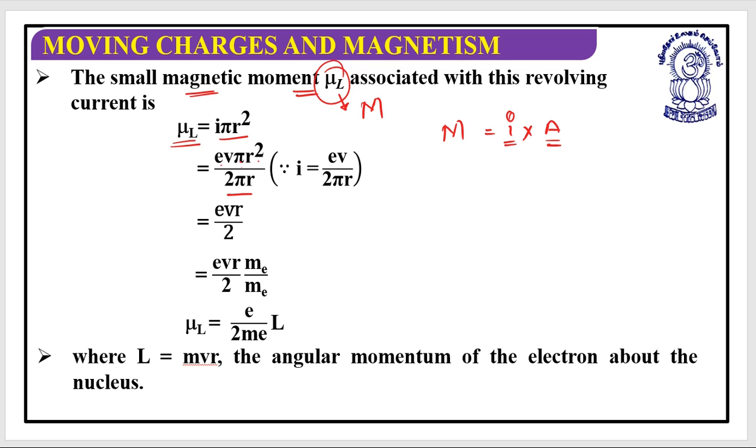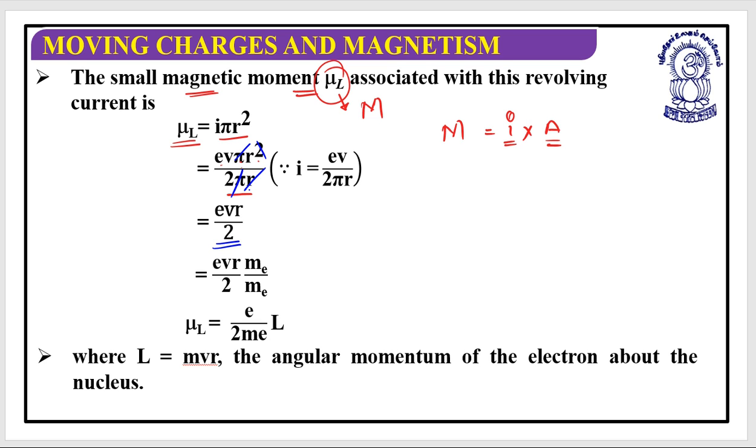If I solve this, the π cancels, and r has one power in the denominator and two in the numerator, so the term left is evr by 2. This is the magnetic moment. Let's multiply and divide it with the mass of an electron.